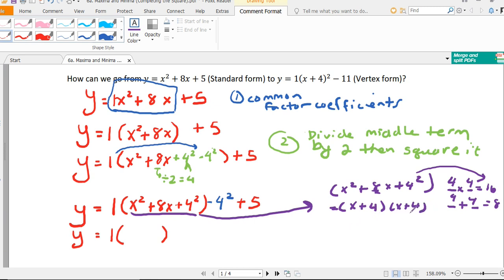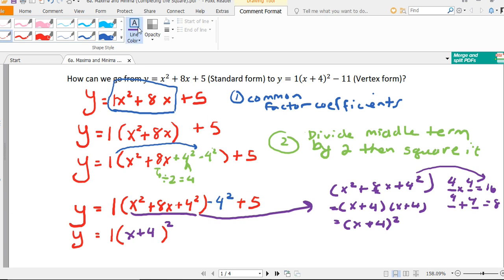Well, are they not the exact same? So if they're the exact same, that guarantees us that it's a perfect square. Which means, what goes in here? Well, isn't it just x plus 4 squared?